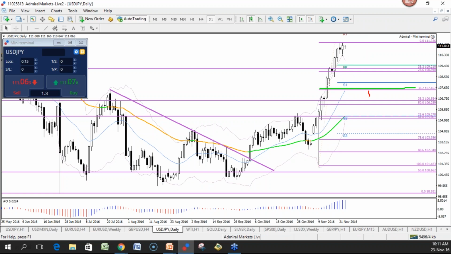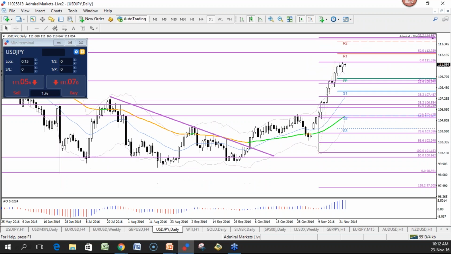If it breaks that, then something else might be going on, and this might not be the wave 3 that I expect. Anything above that, anything like a corrective like this, I'm expecting bull flags, triangles for further upside. That's what I should see if this is a wave 3.